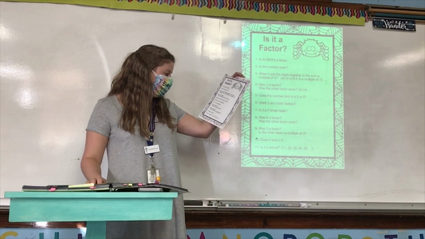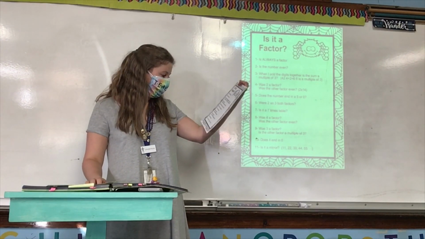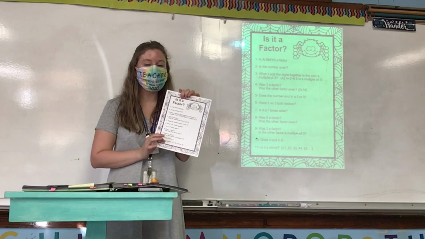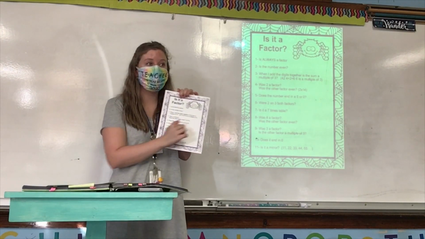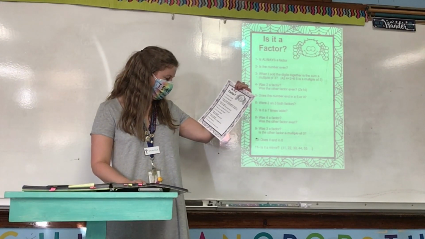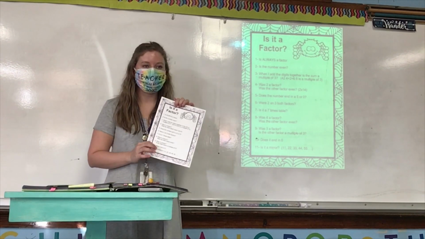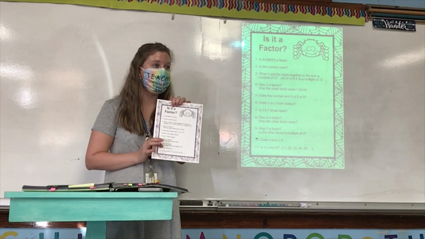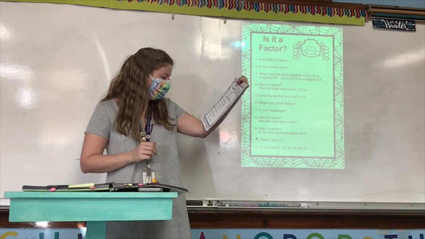Is 9 a factor? Well, was 3 a factor, and was the other factor a multiple of 3? Is 10 a factor? Well, does it end with 0? If it does not end in 0, 10 is not a factor. If it does, 10 is a factor.